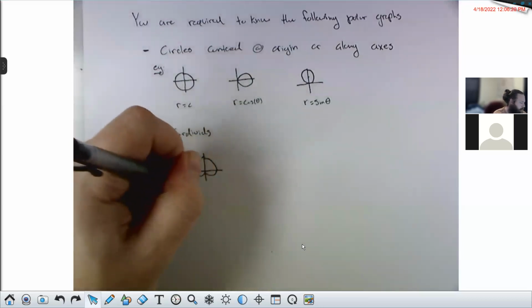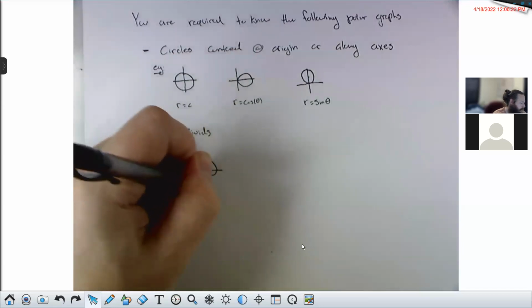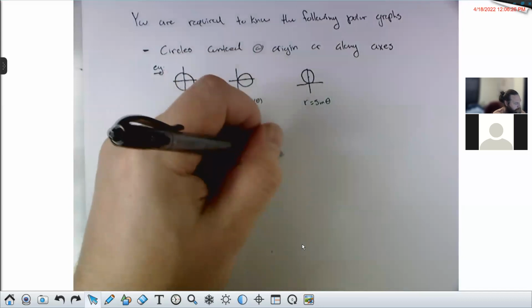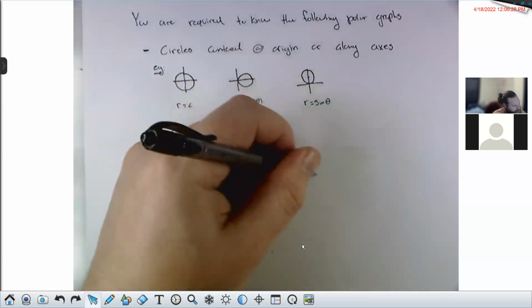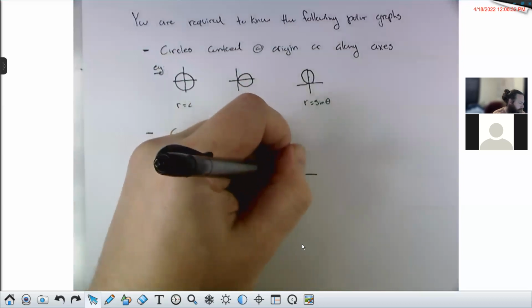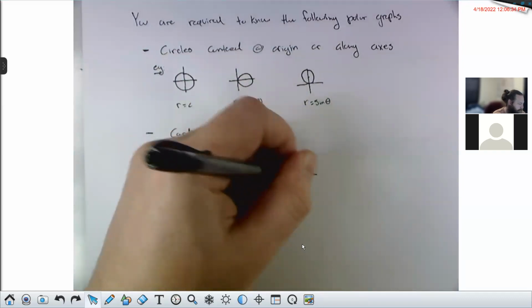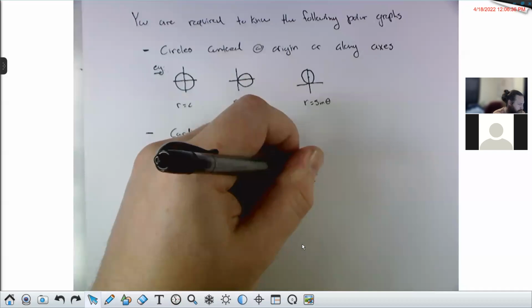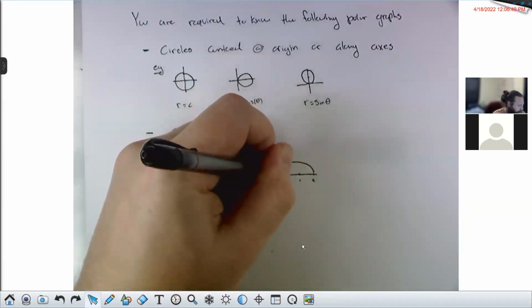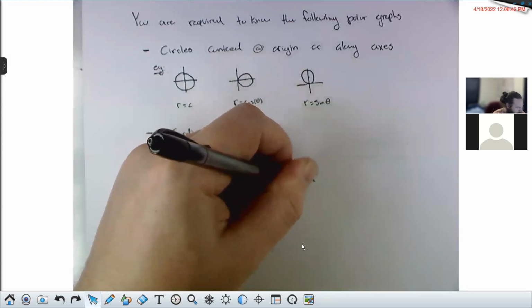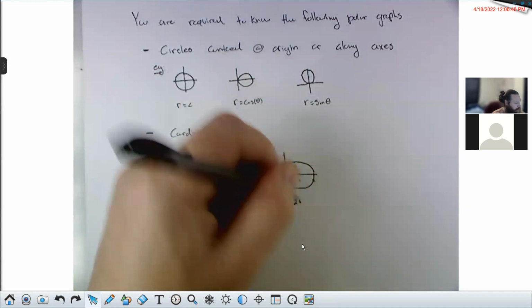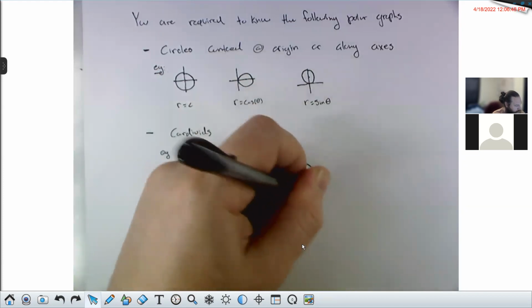So again, for example, something like r equals 1 plus sine theta, or this would be something like r equals 2 plus 2 cos theta.